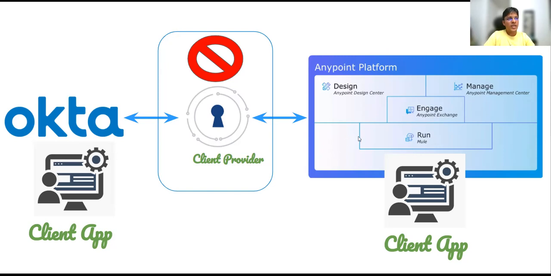But unfortunately, we don't have a web UI in Anypoint platform to replicate the client application with the same credentials. Our Anypoint platform always creates a client application with new credentials.